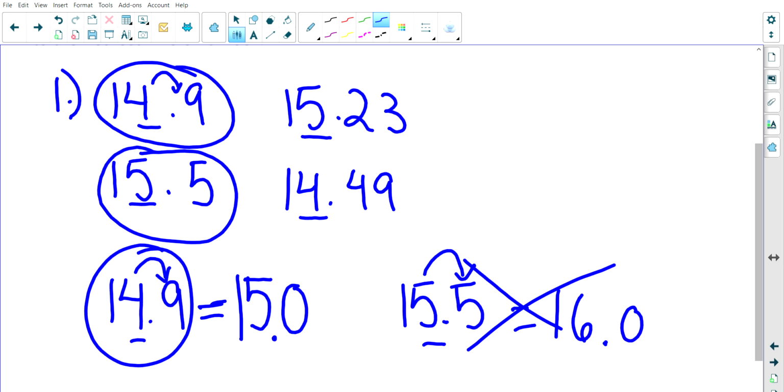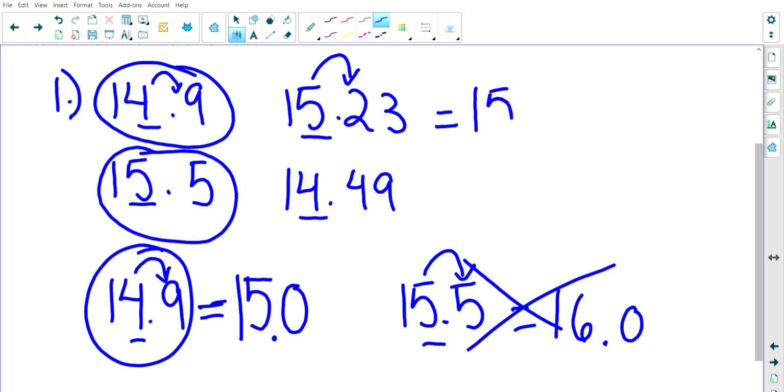Let's take a look at our next one, 15.23. We've underlined our rounding digit, which is the whole number 1, the ones place. Look to the right. Our rounding digit is going to rest because the number to the right is a 2, which is 4 or less. Copy everything before the rounding digit.